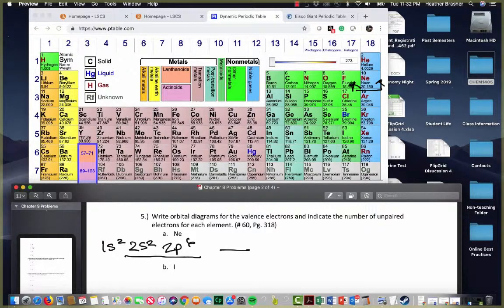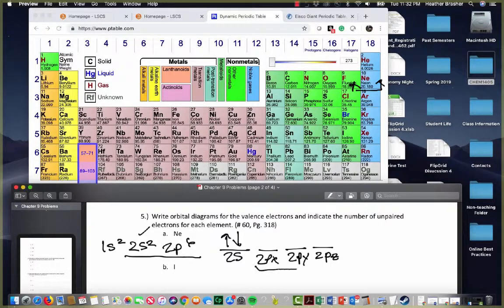So if we do the 2s, there are 2 of them involved. So you're going to have an arrow up and an arrow down because that's full, right? And then here you have 3 p orbitals, the 2px, 2py, and 2pz.